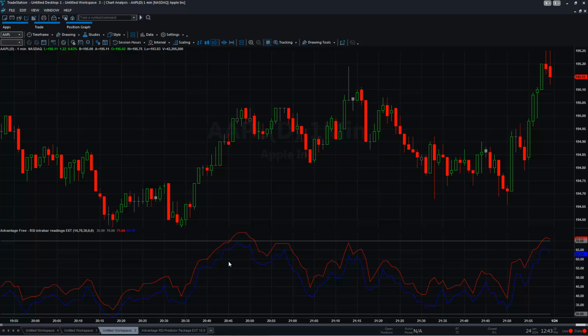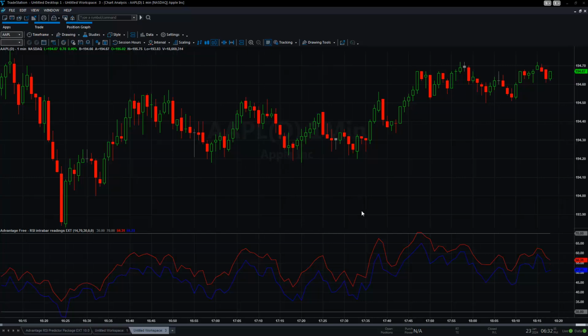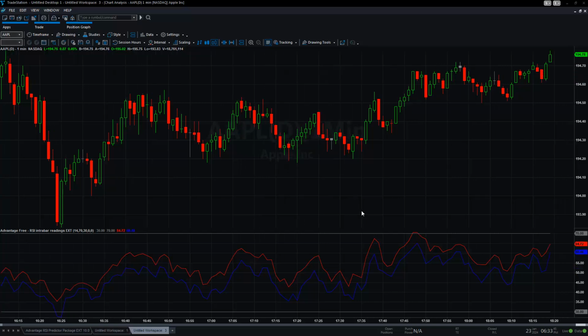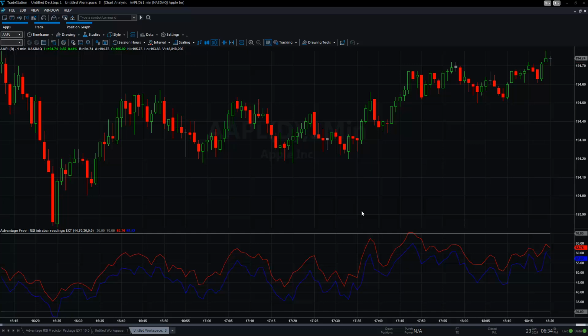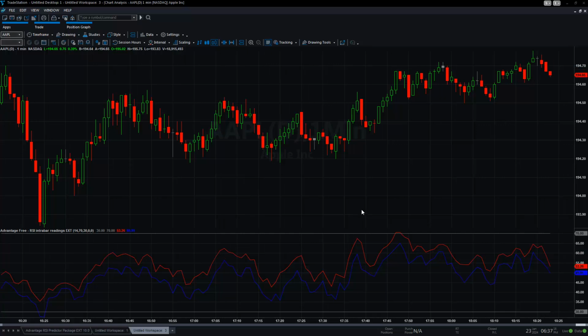So the indicator is depicted with two lines in a subwindow, a red and a blue line. These lines represent the RSI readings at different points within a single bar. The red line indicates the highest RSI reading that occurred during the bar.